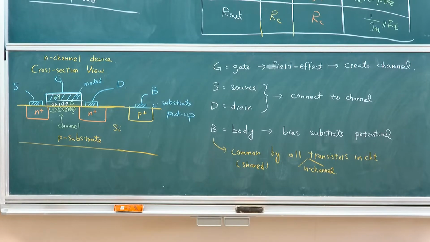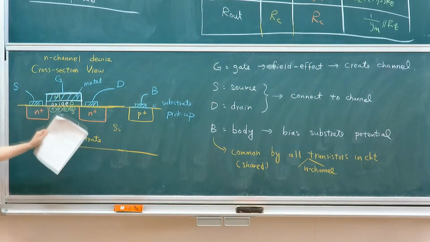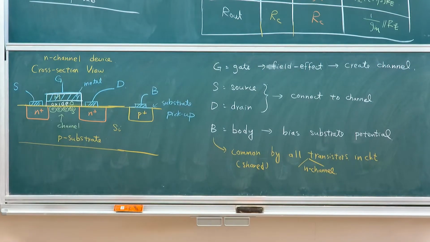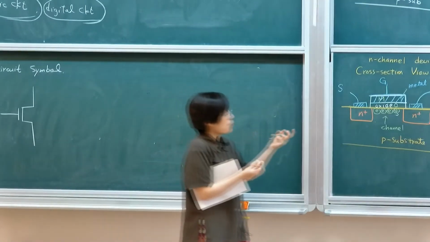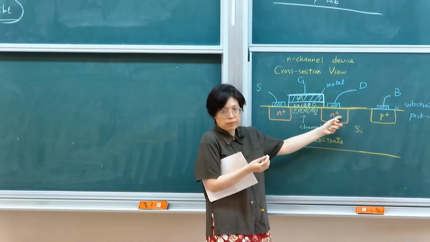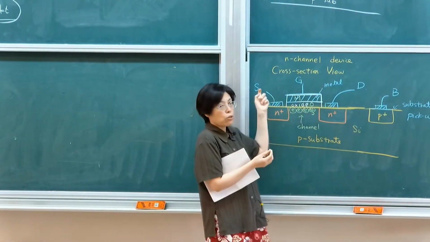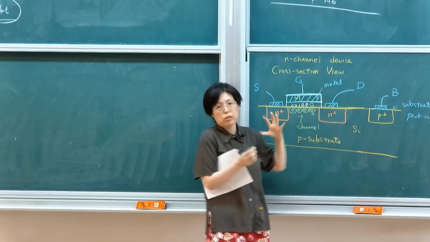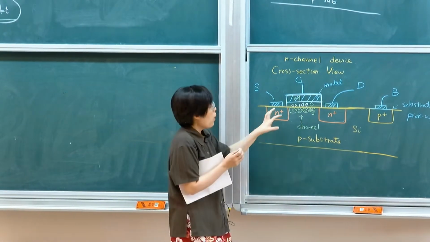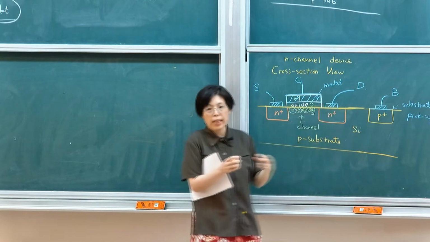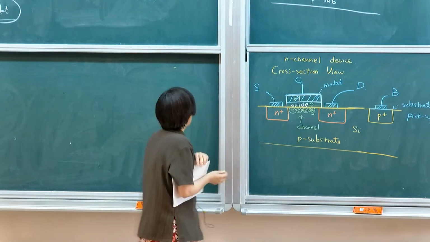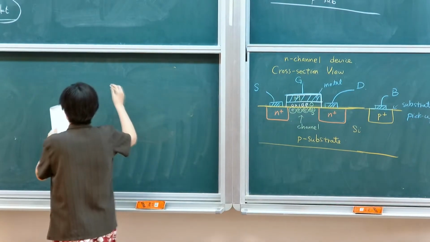First of all, I want to highlight that this is a purely symmetric device. Therefore, there's no difference between source and drain. I could assign this as source or assign this as drain. There's no particular reason why this terminal is source or drain, meaning that it's interchangeable. So let me highlight this first.